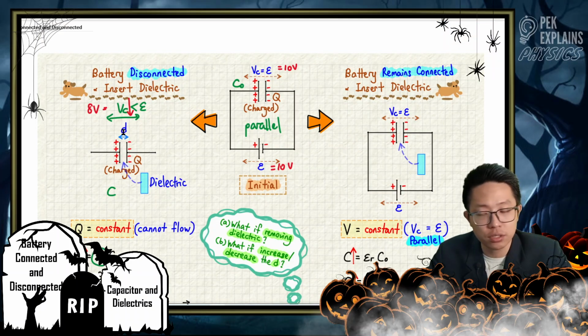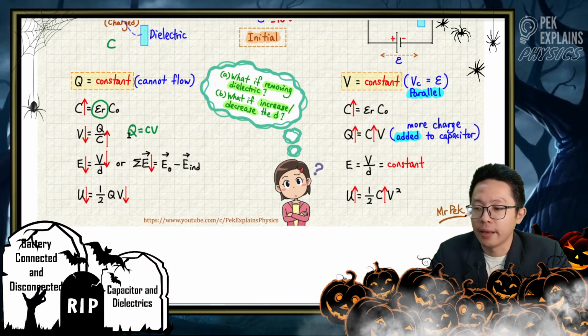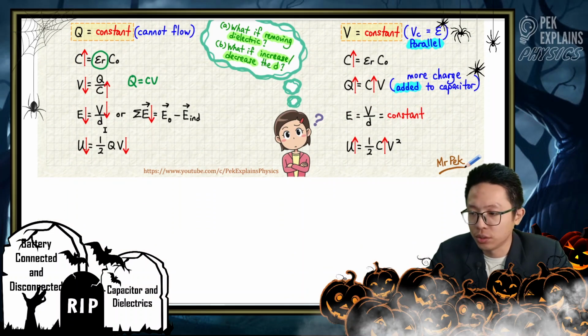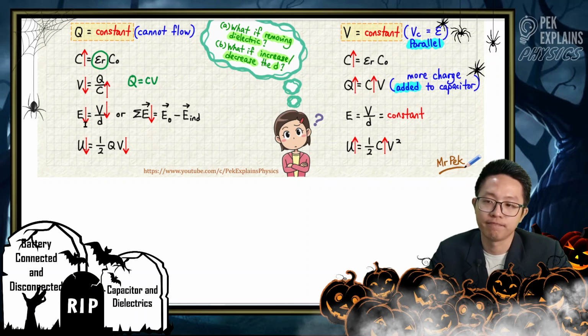D we never change, so it is constant. So only the voltage decreases. Once you put in the dielectric, the voltage will decrease. If voltage decreases, the E also decreases because E is directly proportional to voltage. So the voltage of the capacitor decreases, and the electric field strength in the capacitor will decrease.